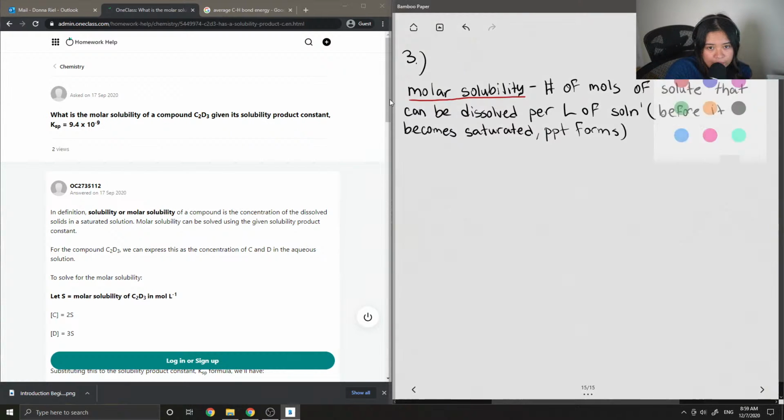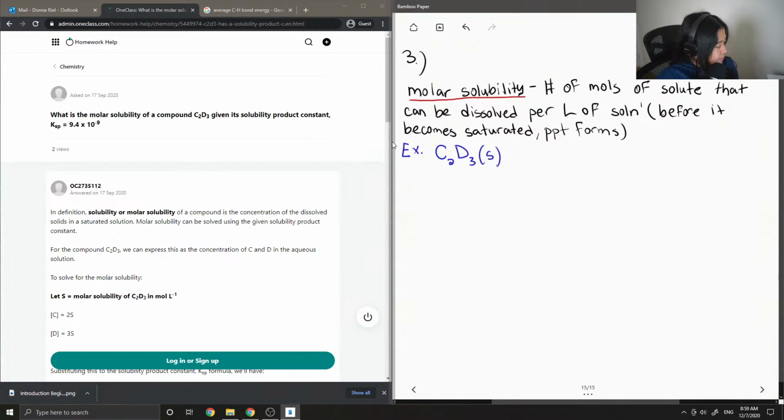Okay, so back to the example. They just had a general compound, C2D3. So these aren't real elements or anything, but we're going to try and write out what this compound would look like if it was broken up into its ions.